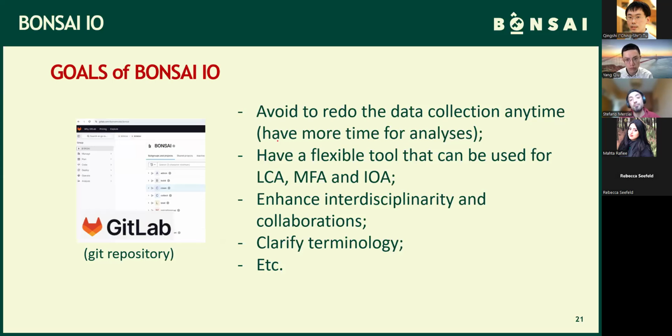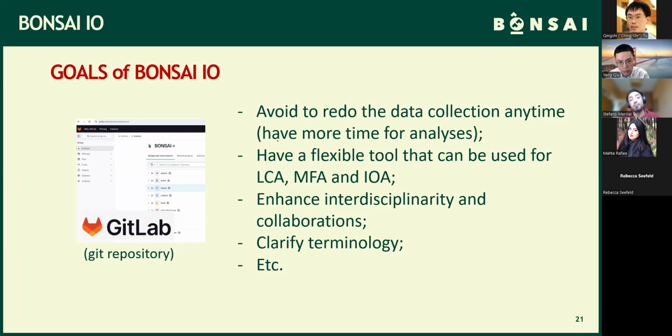So to conclude, the idea of Bonsai is to avoid redoing the data collection every time, so that we have more time for analysis: a flexible tool that can be used for life cycle analysis, mass flow analysis, and input-output analysis. So it is something that can be used by both the industrial ecology community and the input-output community.